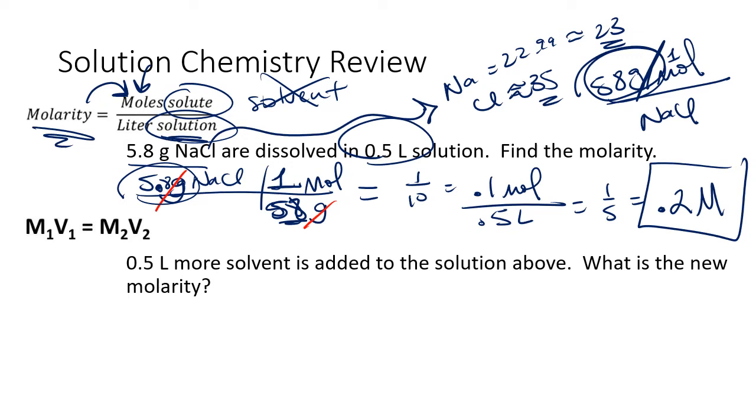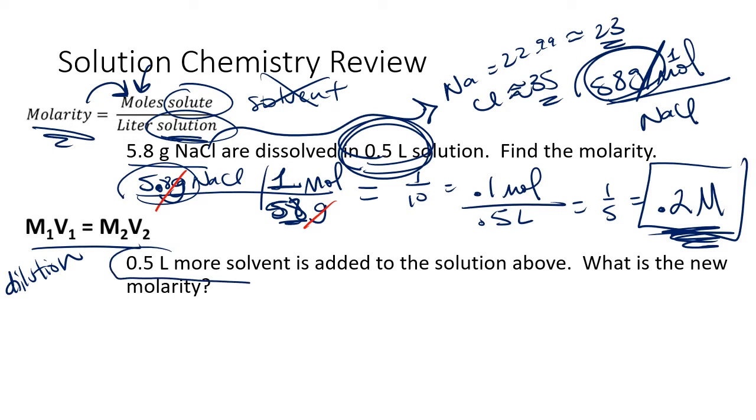So let's take that same solution, and now we're going to use our dilution formula. So let's say that I take my 0.5 liters of 0.2 molar salt solution, and I add more solvent to it. So now my formula is M1 V1 equals M2 V2.